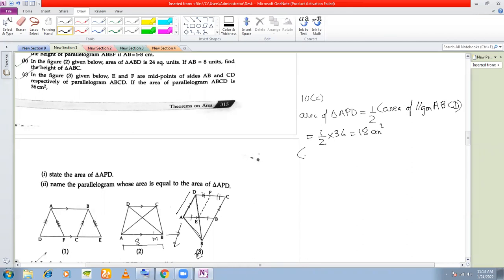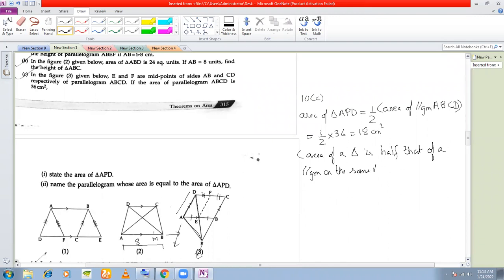And you will state your reason. Area of triangle is half that of a parallelogram on the same base. And which one is the base here?